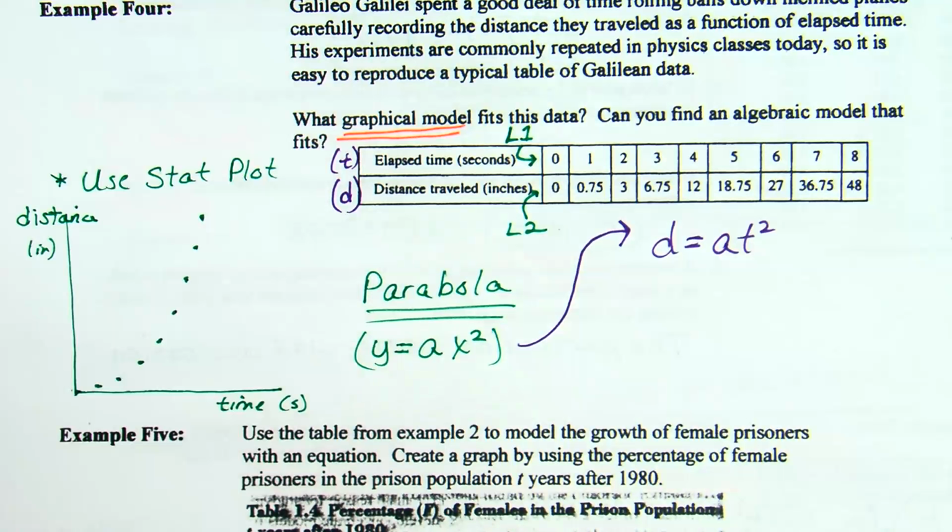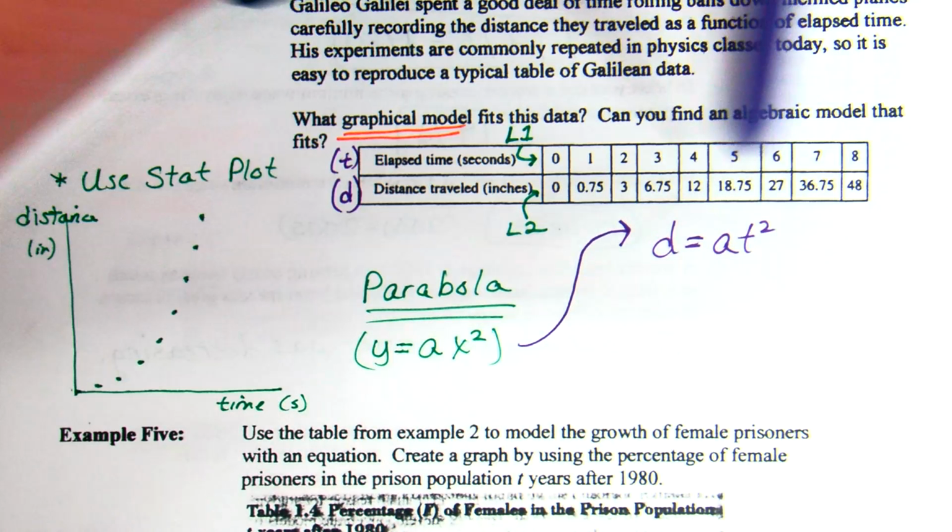Now, here's what I really need to know. What is a? Thoughts on how I can find out what a is? Do we know any d and t values?